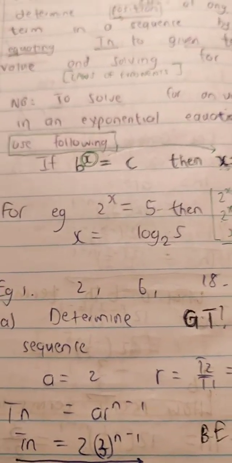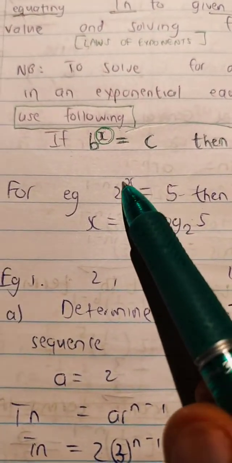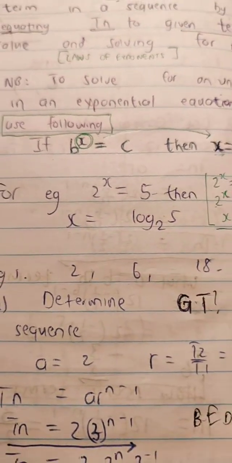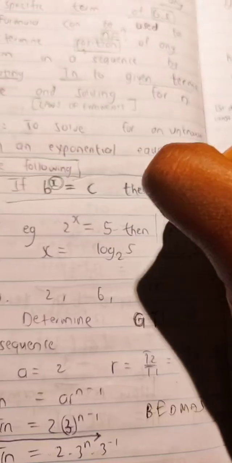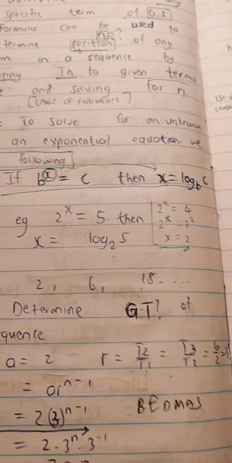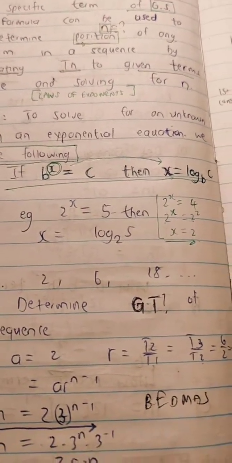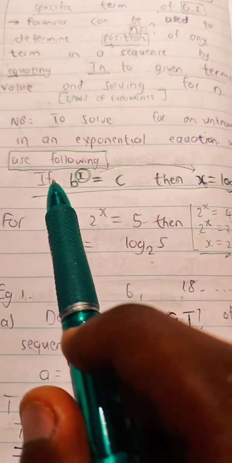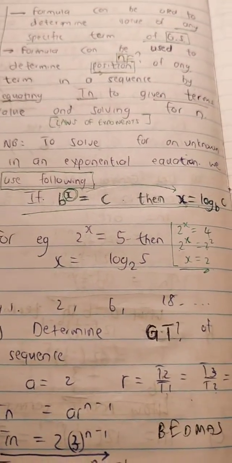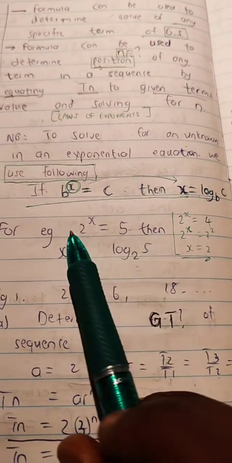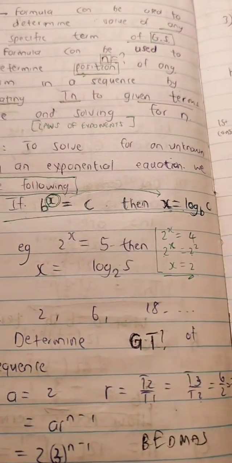So what do we do in a situation where the bases are not the same, but we want to solve for x still? We use this concept of log to help us solve for the unknown. I hope you are seeing why this little rule is so helpful. When the bases on either side of the equal sign are not the same, we employ the use of log.